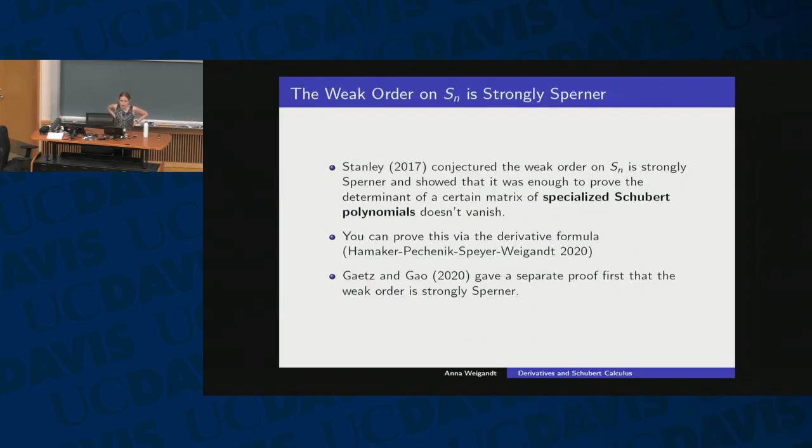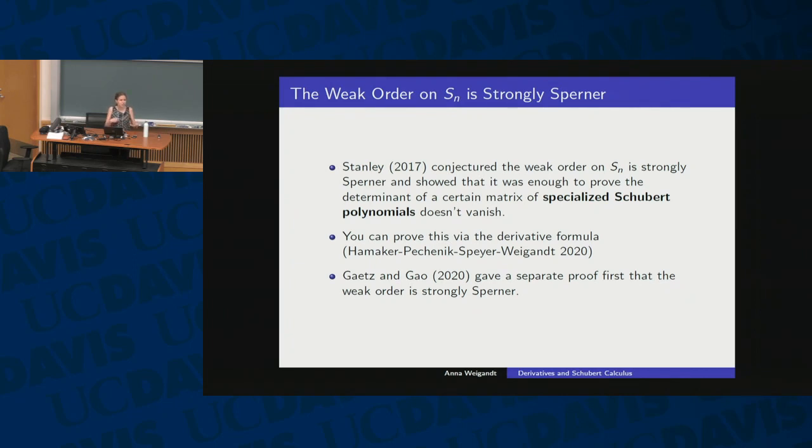OK, so Stanley conjectured in 2017 in this paper, Some Schubert Shenanigans, that the weak order on the symmetric group is strongly Sperner. And he showed that it's enough to prove that the determinant of a certain matrix of specialized Schubert polynomials doesn't vanish. What this special matrix is really representing is a particular choice of order raising operator, and we have our compositions, we want to check that we have an invertible linear transformation.